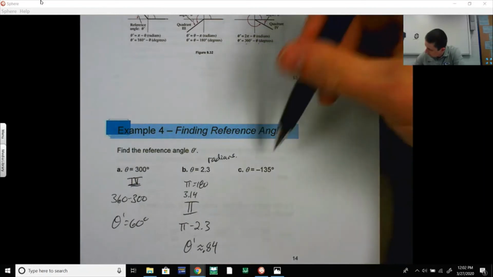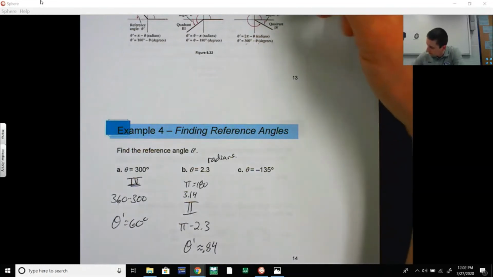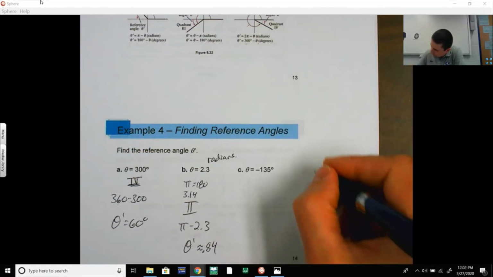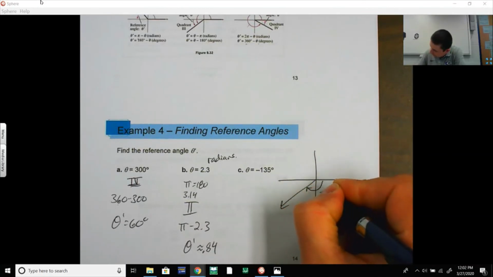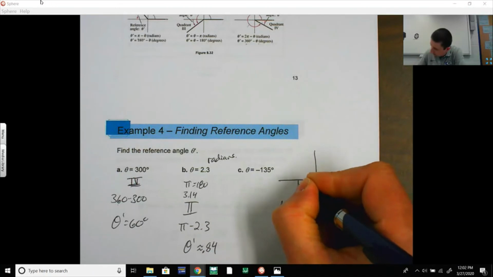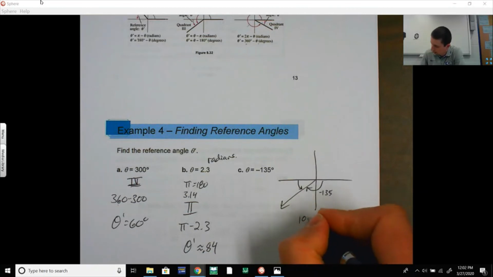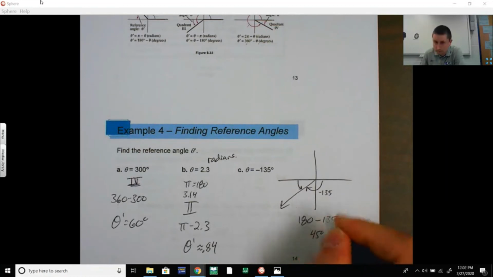Okay, C, theta is negative 135. So this is where the formulas sometimes break down. If you're at 135, you're going to be in the 3rd quadrant. So if this is negative 135, you need to know what this is right here. In this case, you want to take 180 minus 135, and you get 45 degrees.